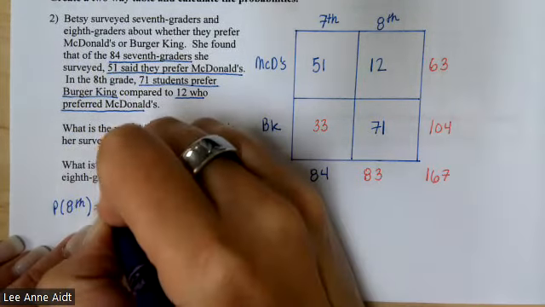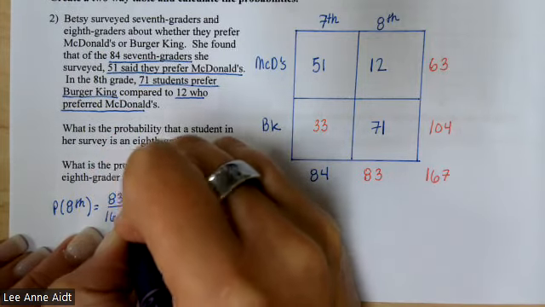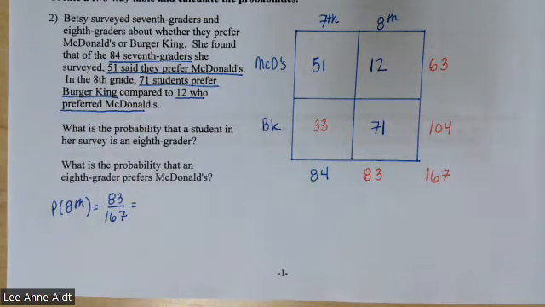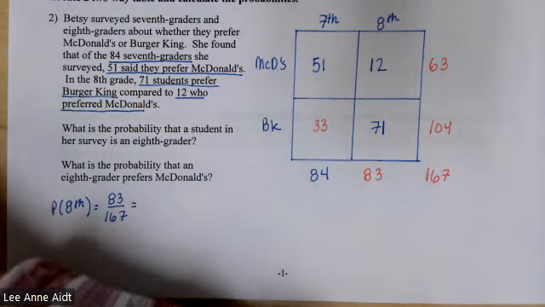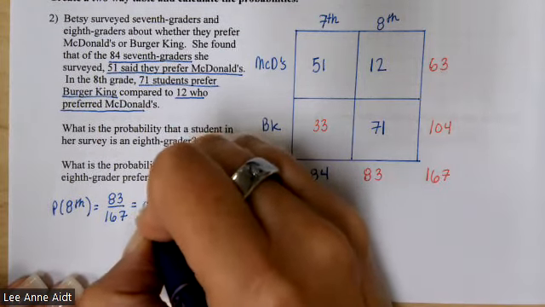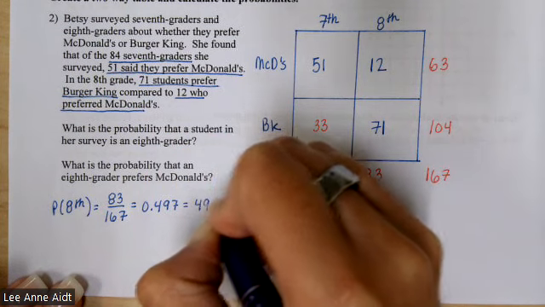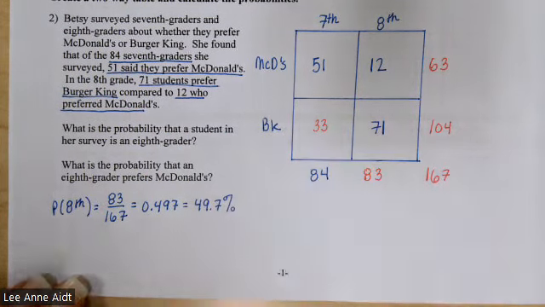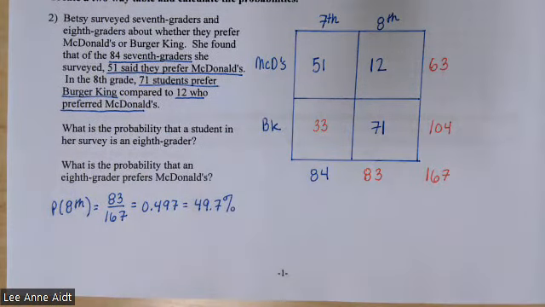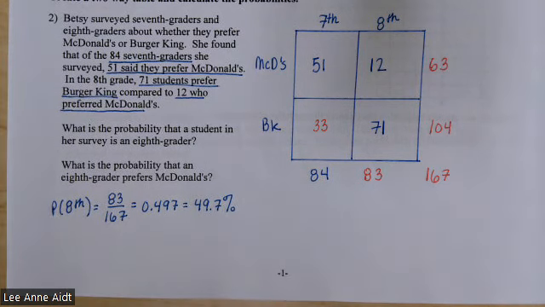So the total 8th graders is 83 out of the total students is 167. Any questions about how I got the probability of an 8th grader?